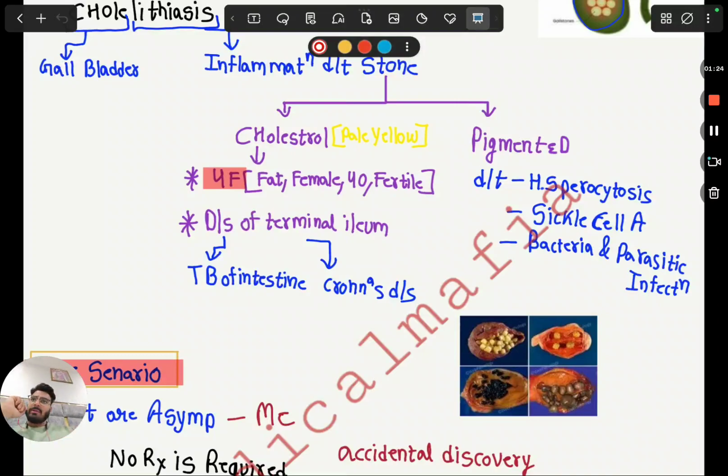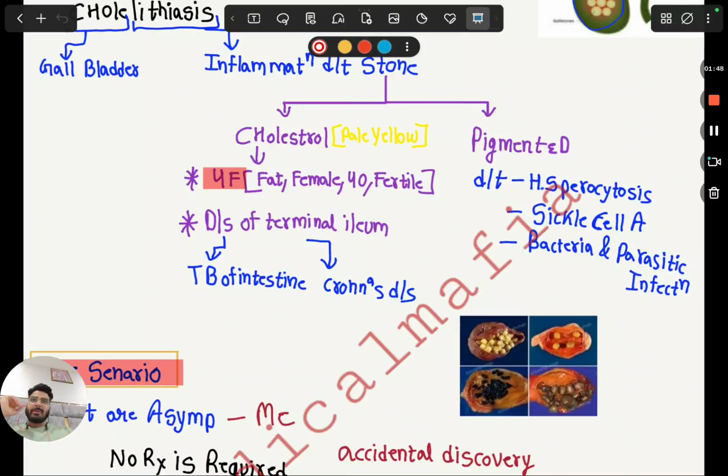Okay, remember that the cholesterol stone will be more prominently seen in a patient having a disease of the terminal ileum. And what are those diseases? There are two such diseases, TB of intestine and Crohn's disease. Okay, remember terminal ileum, TB of intestine, or Crohn's disease.